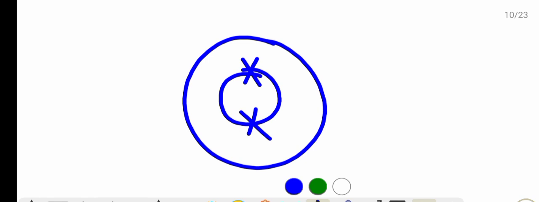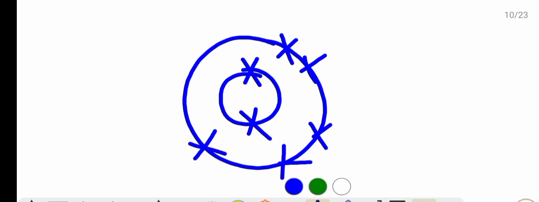In the first shell, we have 1, 2. In the next shell, for them to be 7, we have 1, 2, 3, 4, 5, 6, 7. All right. So in the outermost shell, how many do we have? We have 1, 2, 3, 4, and 5. Right. How many do we need for them to be stable?